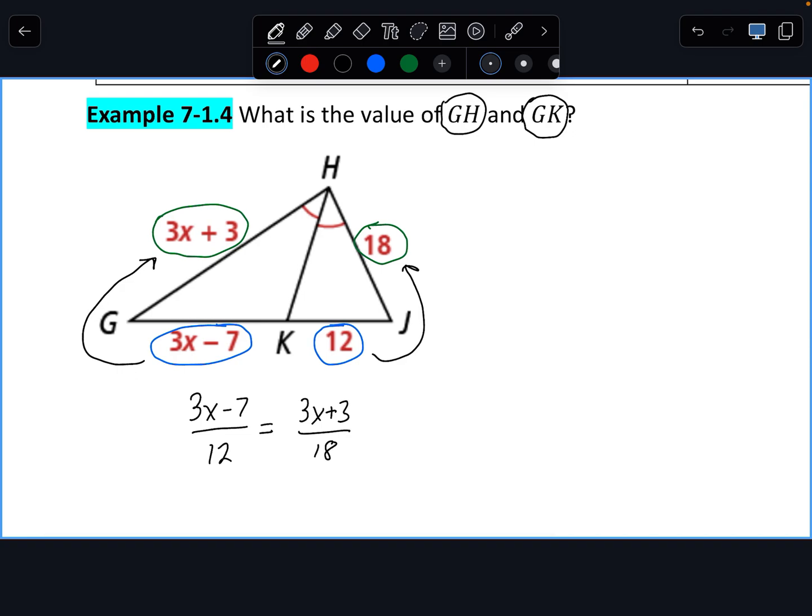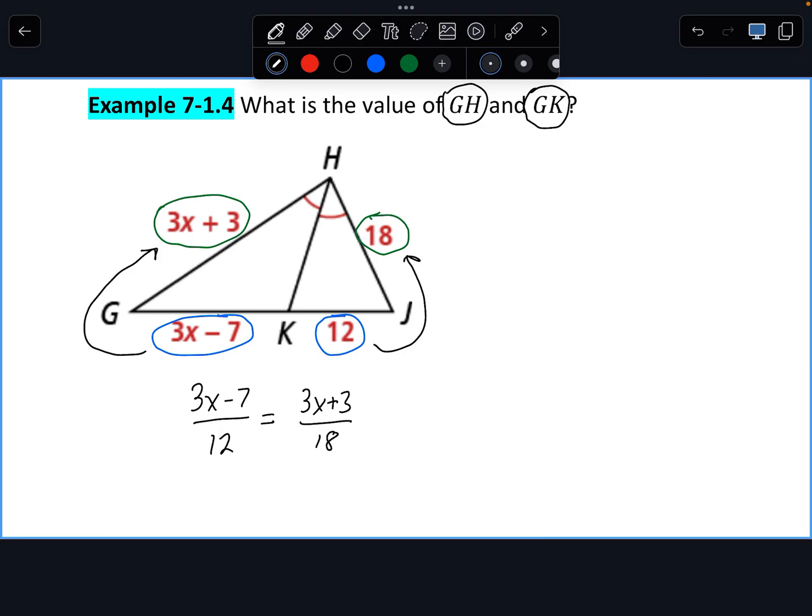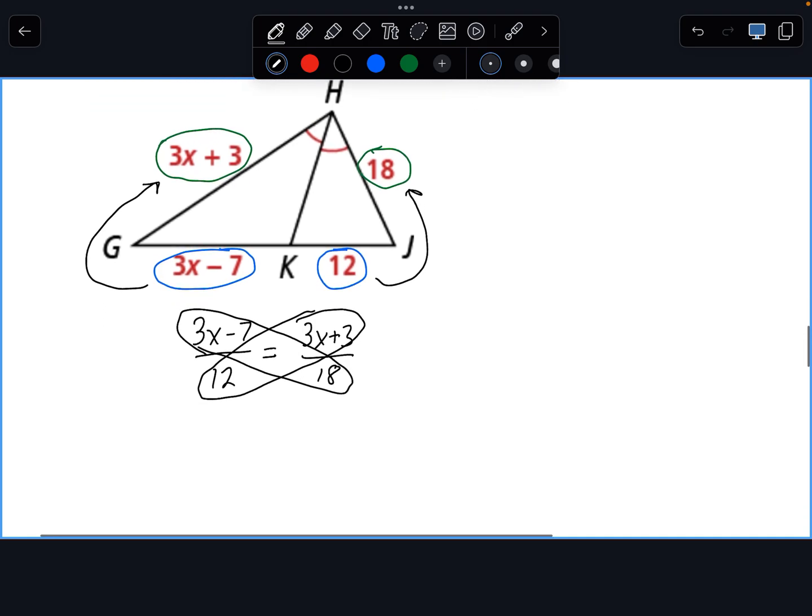Once you get the setup for the fraction correct, then you just cross multiply and solve. Then this problem becomes no different than any of the other problems we've worked in this section. So I'm going to cross multiply. And again, we have binomials, which means I have to put my binomials in parentheses. So I'm going to get 18 times (3x minus 7) equals 12 times (3x plus 3).